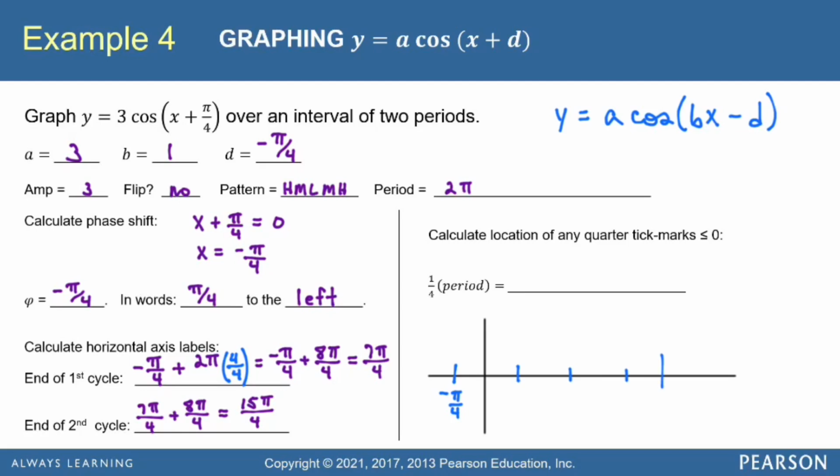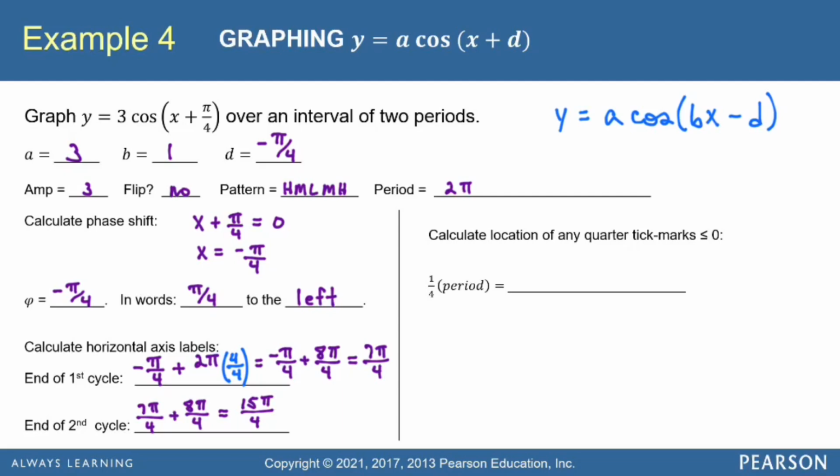You see, we don't know whether these tick marks should be to the left or the right of the axis until we calculate their location. So what we have to do is start with our phase shift and add a quarter of a period at a time until we hit a tick mark that's either 0 or more than 0, and then we can stop.